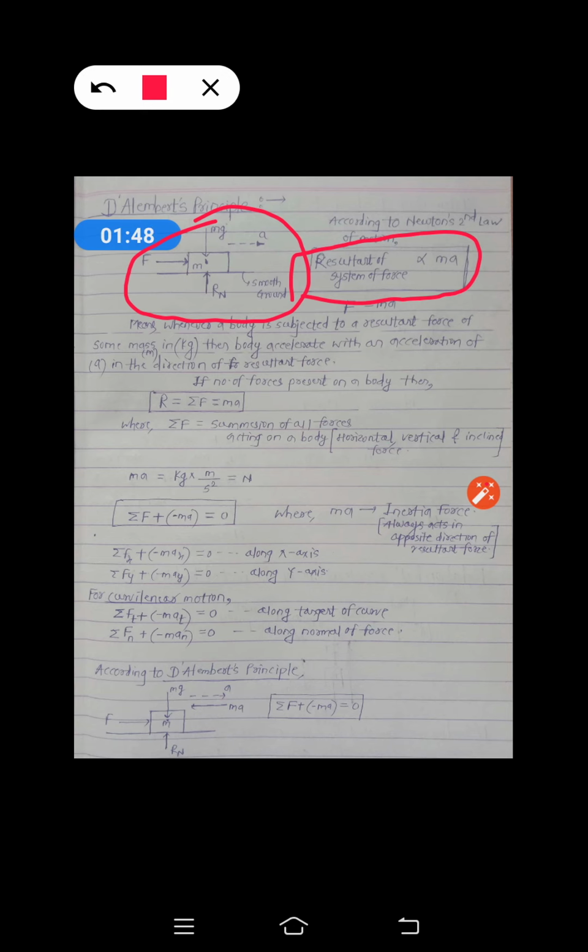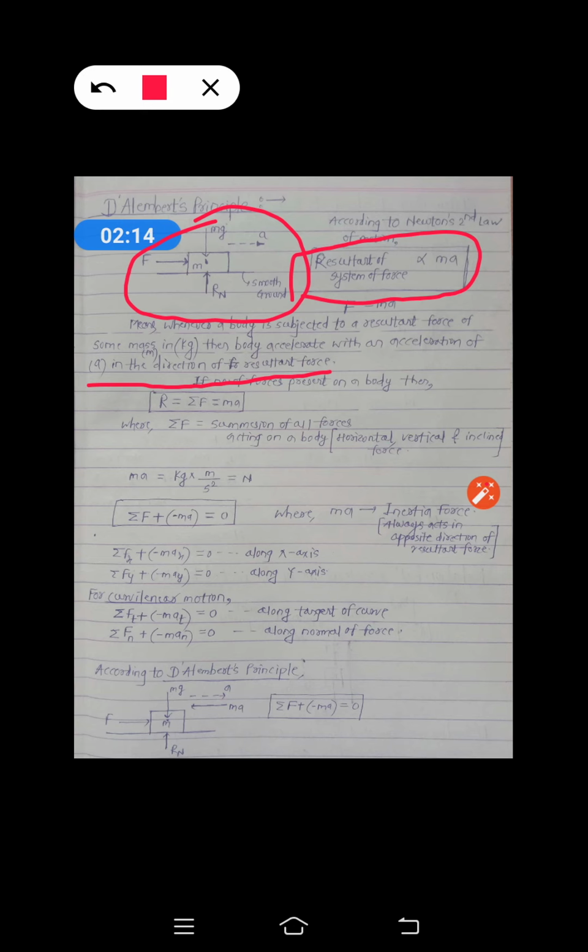Now, what is the meaning of this mathematical form? When a body is subjected to a resultant force, with mass in kg, the body accelerates with an acceleration of a in the direction of the resultant force. See the last sentence of this statement. What is the direction of the acceleration?